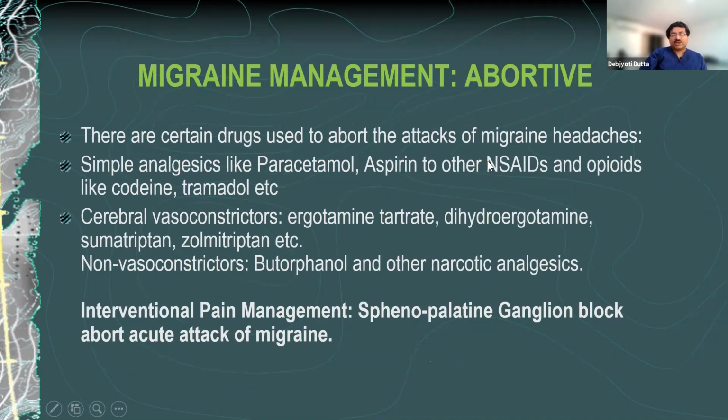So for abortive management, the first drug we commonly prescribe is paracetamol, usually 1000 milligram. If it is not responding to paracetamol, then we can go for ergotamine derivatives, or sumatriptan, zolmitriptan, etc. Usually we can give a tablet, or if the patient has associated vomiting, then we can go for the intranasal preparation as well.